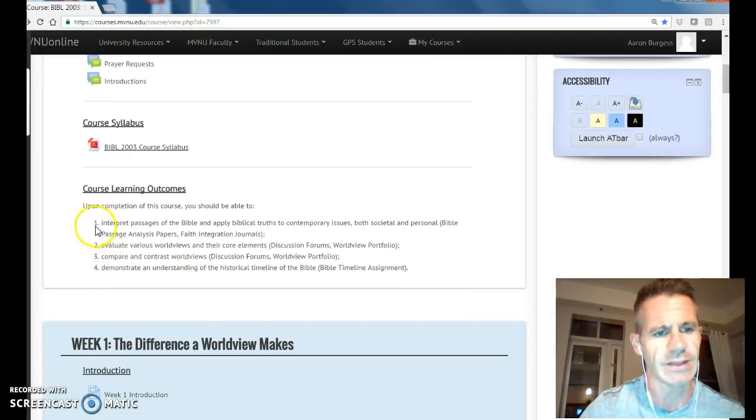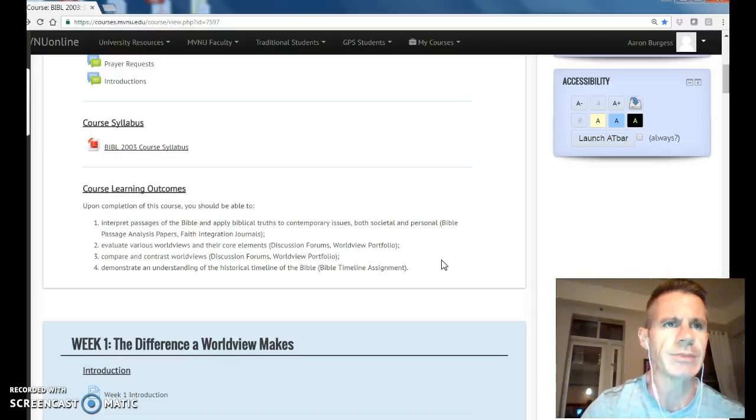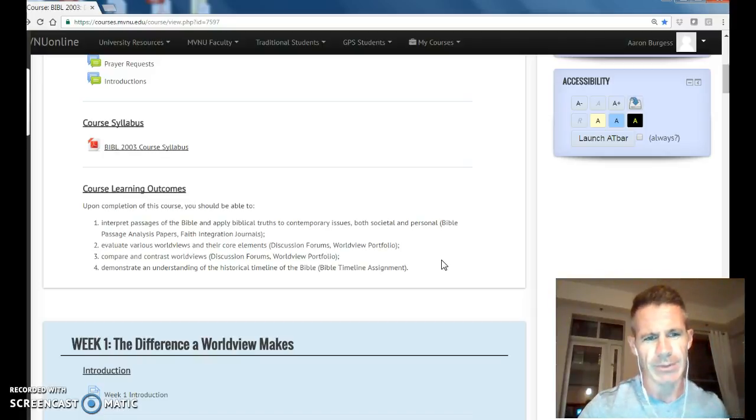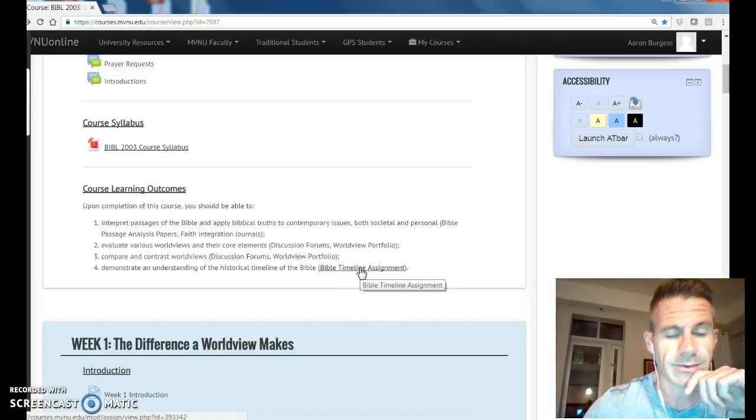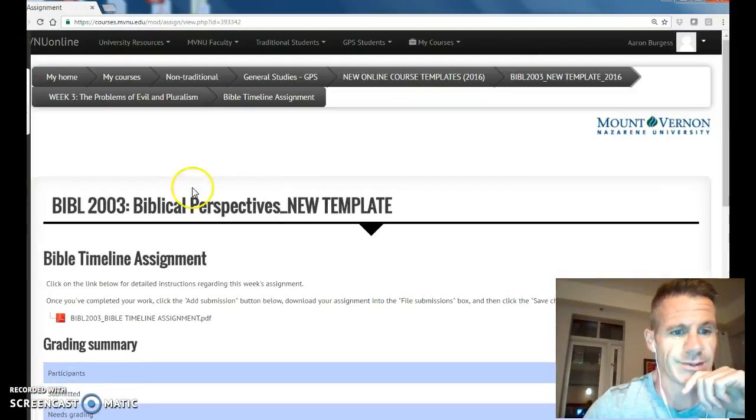And each of the learning outcomes are linked specifically to the assignments. So we work from what we want the students to be able to do and to evidence in the class that they've learned the materials, and then we map those to course learning outcomes. And so as you can see here, they're mapped to each of the assignments, and you can click on here and see the assignment description here.